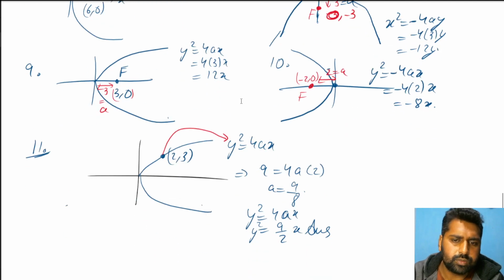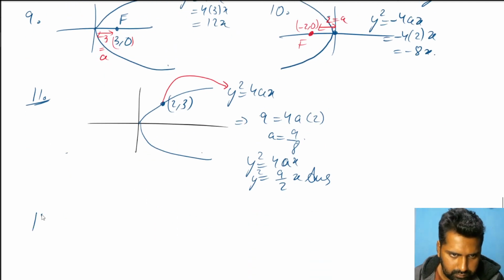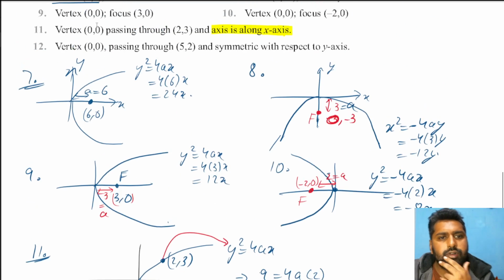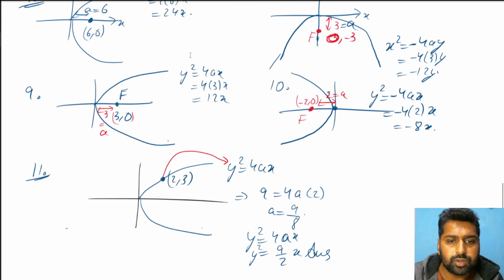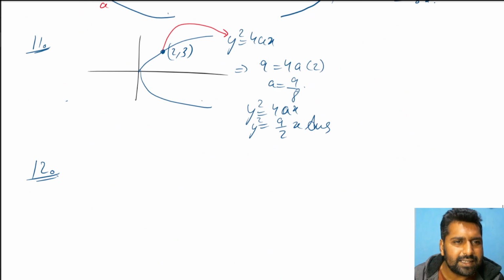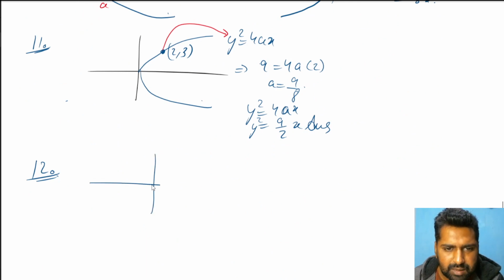12th one, let's do the 12th one last. Okay, he's saying vertex is 0, 0. Passing through 5 comma 2 like the previous one. Symmetric with respect to y-axis. Symmetric with respect to y-axis means, indirectly again he's saying the axis of parabola, because how did I define the axis of parabola?